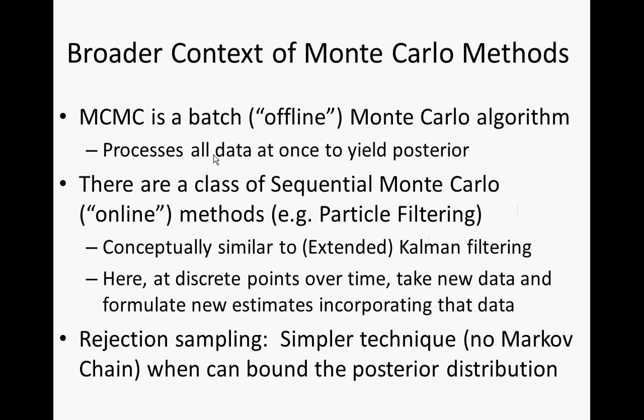Or otherwise our distributions that we're interested in. It turns out there's a class of sequential Monte Carlo methods, most notably particle filtering, that are more restrictive in terms of the distributions they arrive at. They're similar in a way to extended Kalman filtering in the sense that they allow you to incorporate new data and it's defined recursively. You don't have to go back and recalculate the entire algorithm from scratch. You can use the results from the data you had earlier and update those results in light of the new data that's available.